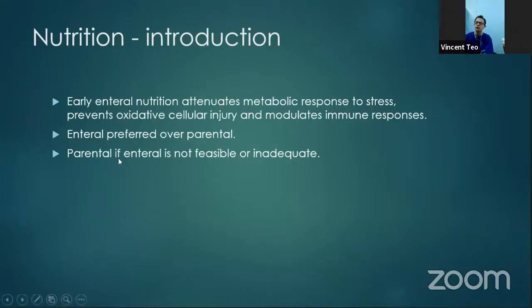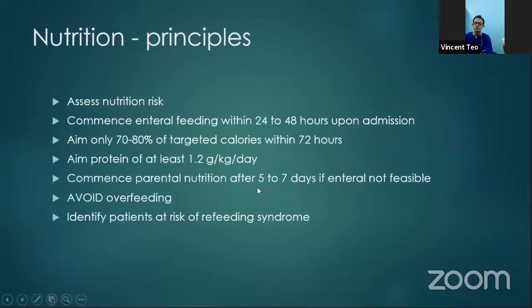Of course, to feed through the GI tract is preferred over giving it in the intravenous form. However, if the patient for any reason is not suitable for feeding through the gastrointestinal tract, intravenous feeding will be used. So what are the principles?